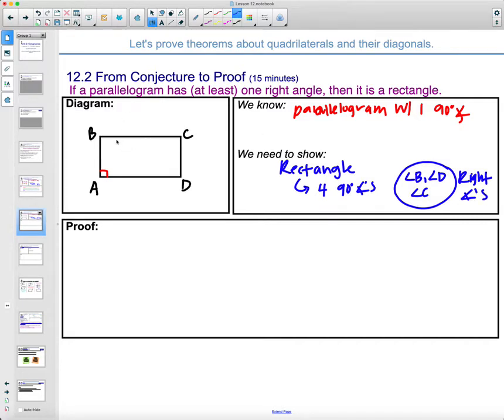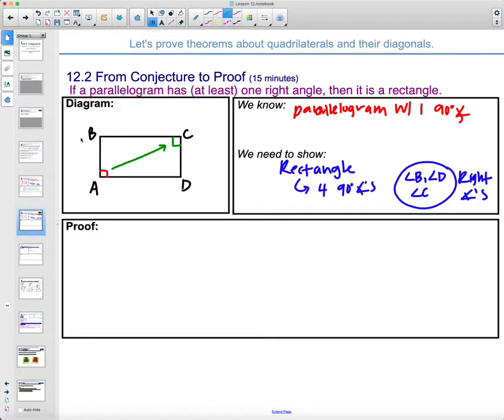So if we take a look here, when we talked about the properties of a parallelogram, opposite angles are equal to each other. So I do know that this one's going to be a right angle from opposite angles. Then I just need to figure out how can I get angle B or D to be a 90-degree angle, because then the other one would be. So that's the point that we need to get to.